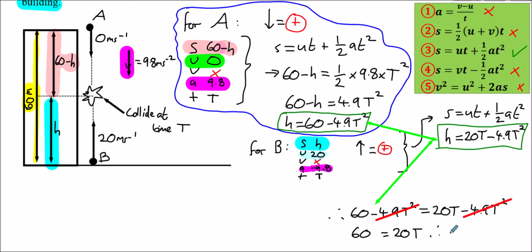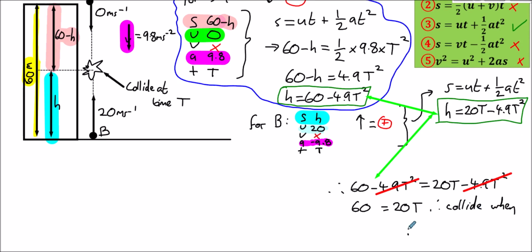So therefore they collide when T equals 60 over 20, which is 3 seconds. So we're almost there now.